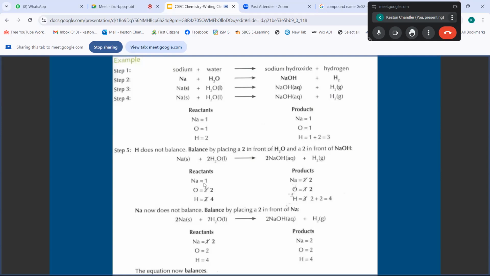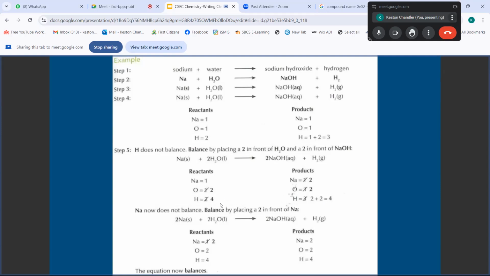We're going to get 2 oxygen instead of 1. We're going to get 4 hydrogen instead of 2. On the product side now, if you place a 2 in front of the sodium hydroxide, we're going to end up with 2 sodiums, 2 oxygens, and 4 hydrogens.